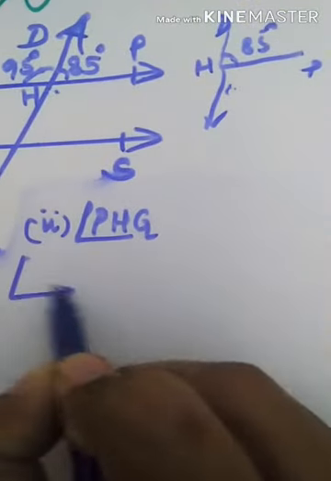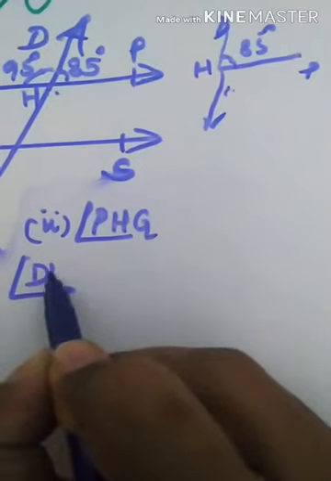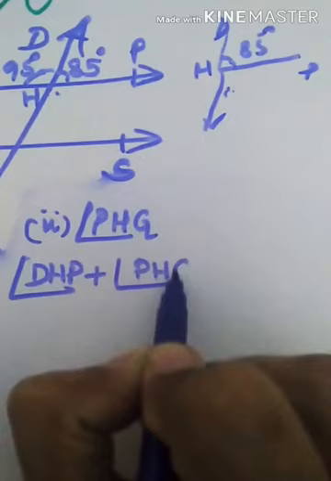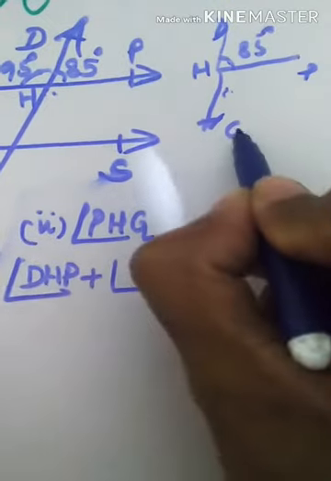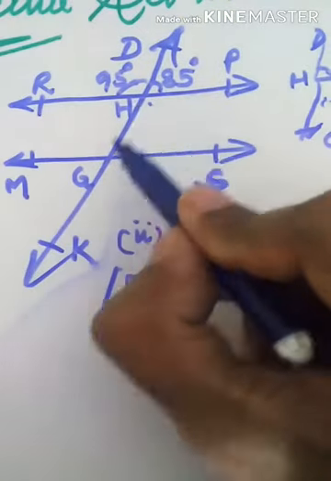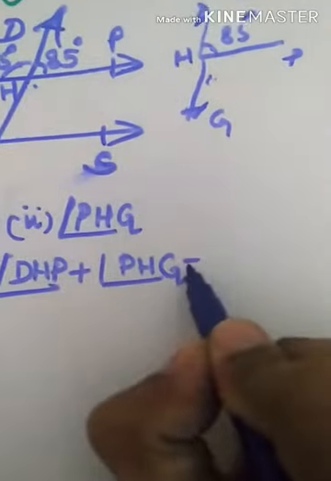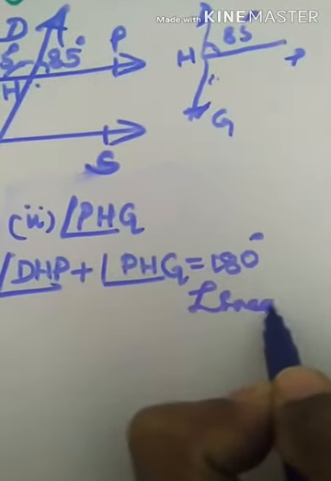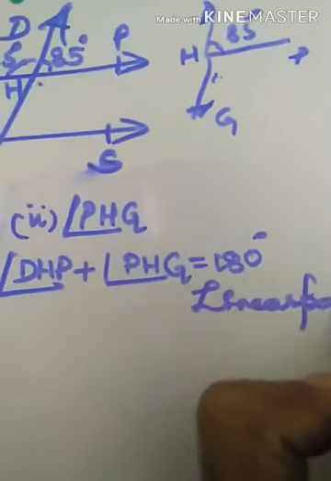Understood? What will be the step? Angle DHP plus angle PHG. This is PHG. They again make 180 degrees. Reason? Linear pair. How much is DHP?